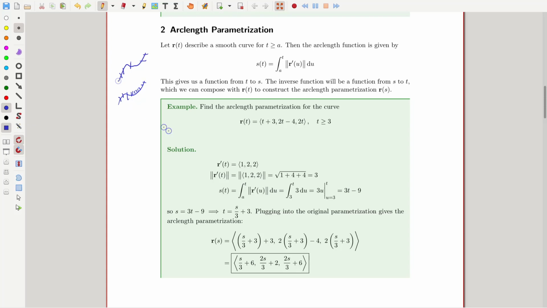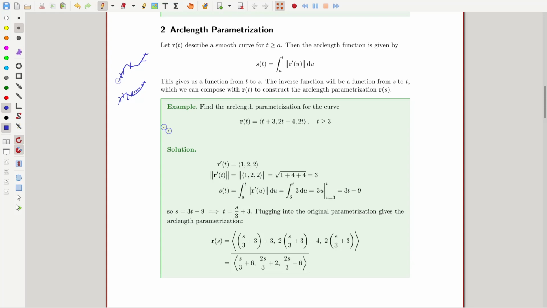And what we want, in order to get into discussing curvature, is a parameterization that doesn't depend on the nature of the particle moving along the curve. We want a parameterization that only depends on intrinsic properties of the curve itself. The reasonable way to do that is to make it so that at each time step, quote unquote, the particle has traveled the same length.